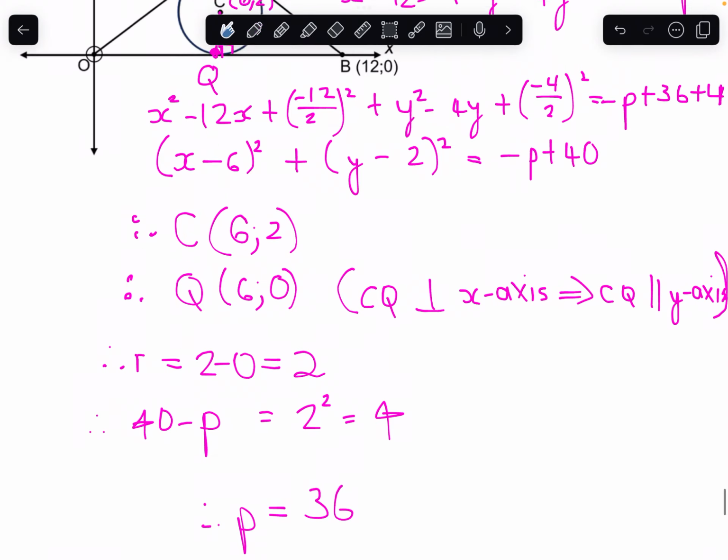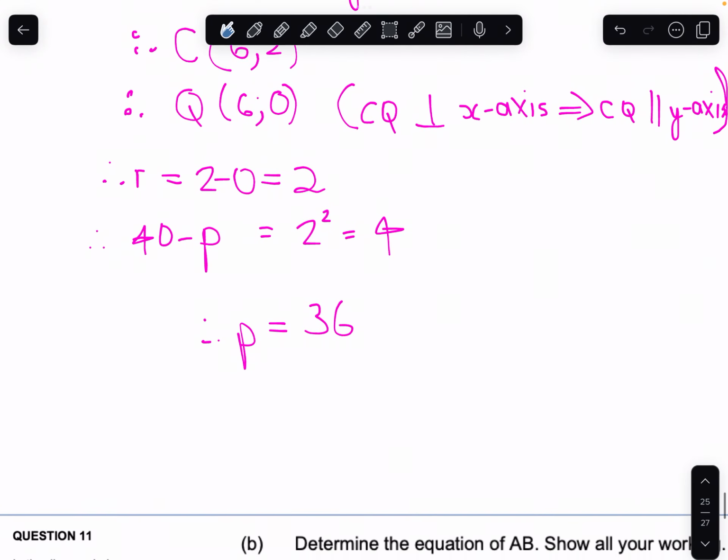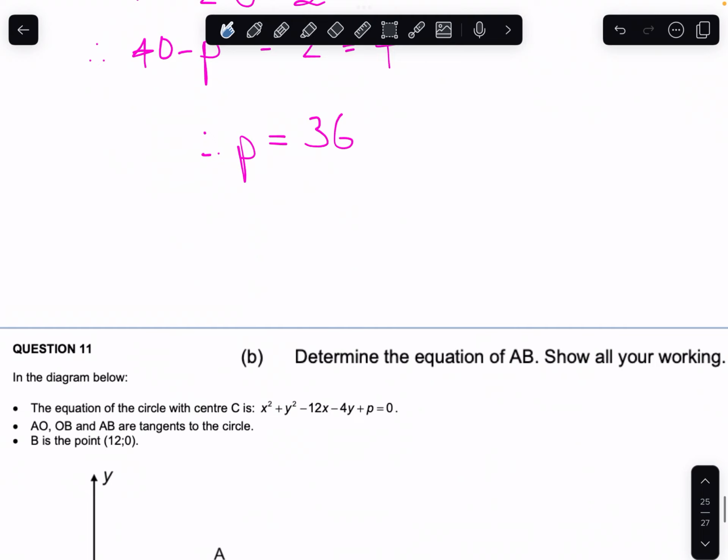So the answer is that this guy is 36. Okay, let's just double check with the memo before we go too far. P is 36. Yes, fantastic. And same workings. Cool.